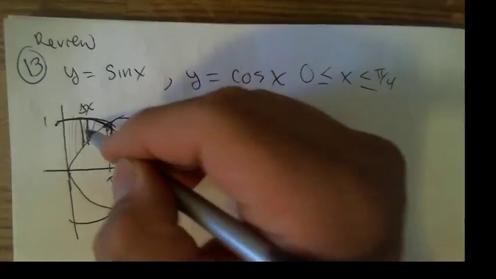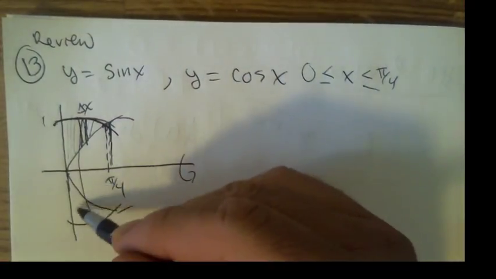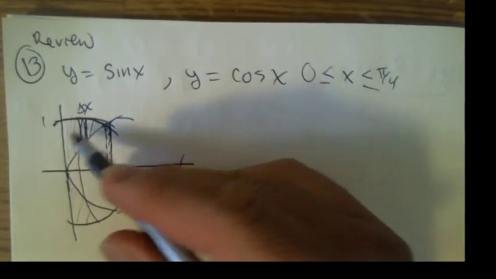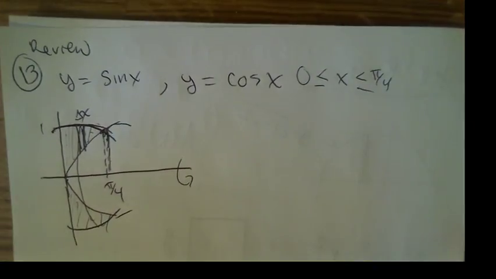Okay, so we're going to have not a disk method, but a washer. This part is going to be empty. The solid is going to be between these two curves here. So when I go around there, it'll look something like that.